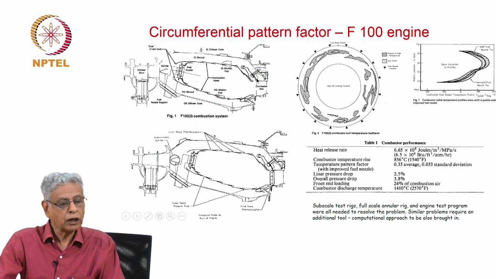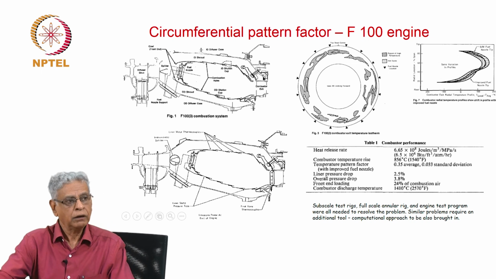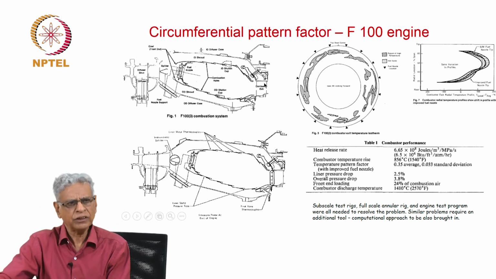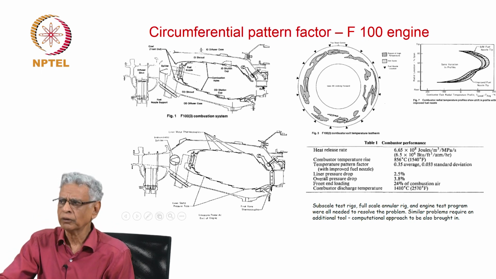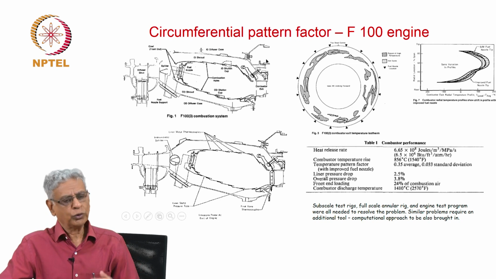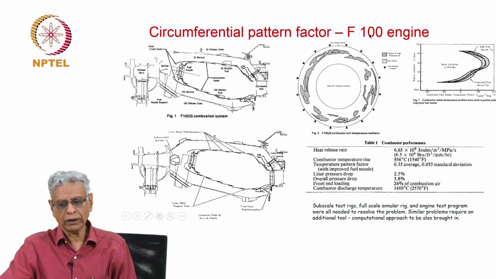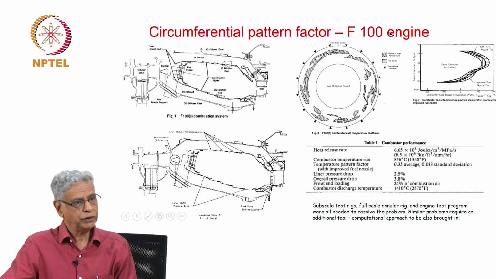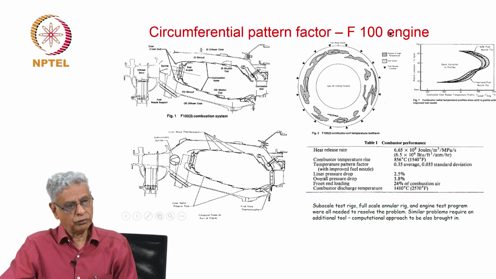There is something like circumferential pattern factor, which is a very serious issue with all engines, more particularly with military engines of the kind which are developed everywhere. I am just showing you some features of what has been described about the F100 engine, which is one of the advanced engines developed in US.